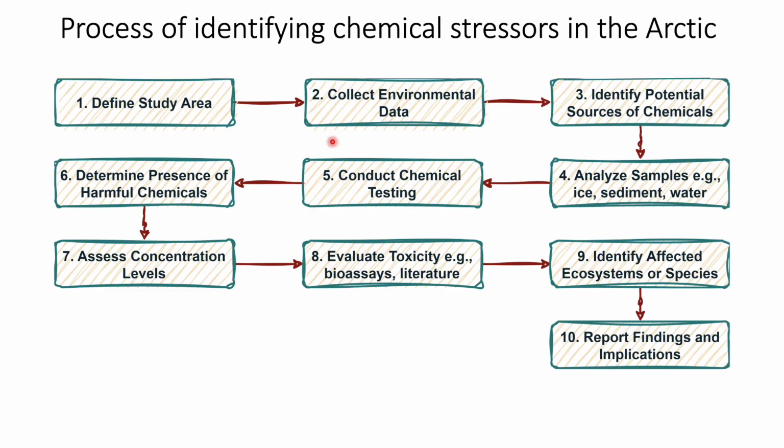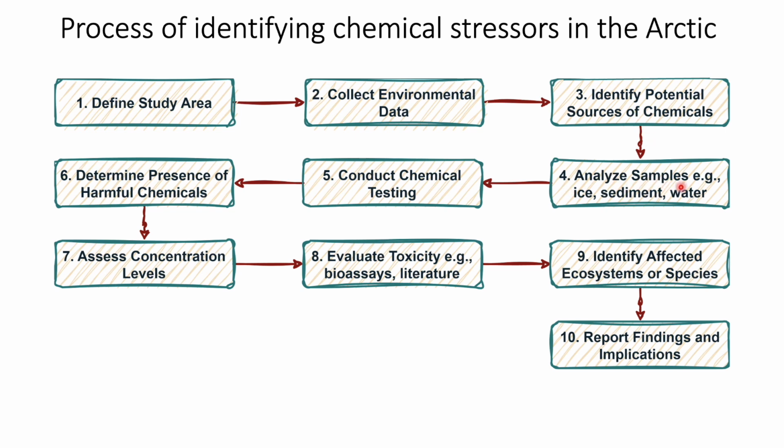So how do we know whether a particular chemical is a chemical stressor? Here is a flow chart which shows how we can identify them. First, we define a particular study area. Then we collect environmental data or samples. Then identify potential sources of chemicals, that is, where they would have come from.